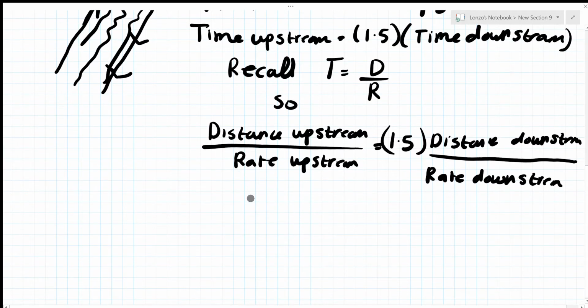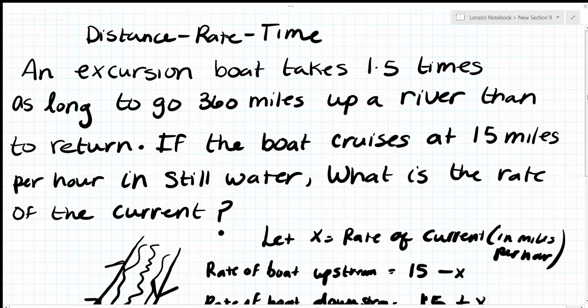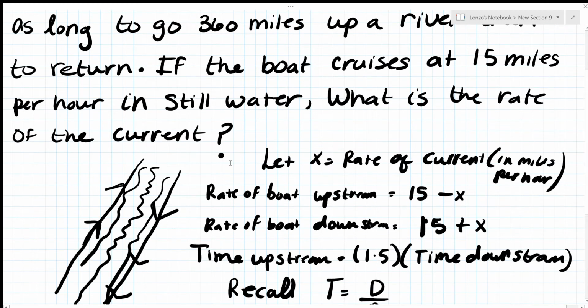So you put a 360 right here, divided by what is my rate upstream? The rate upstream is 15 minus x. And we got that from here.